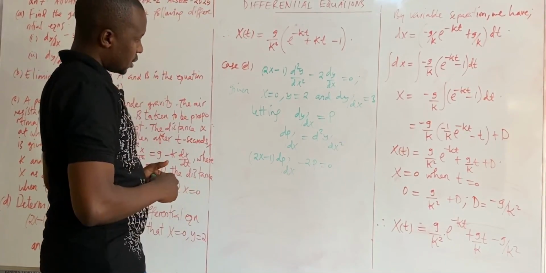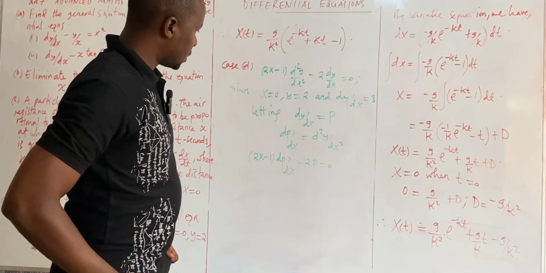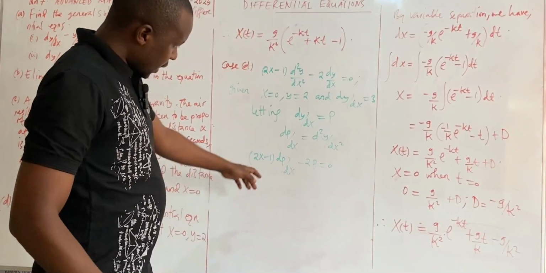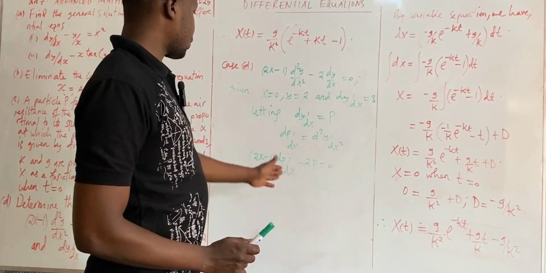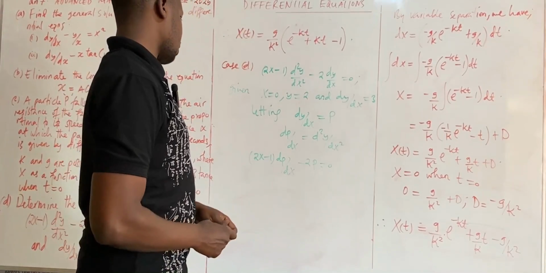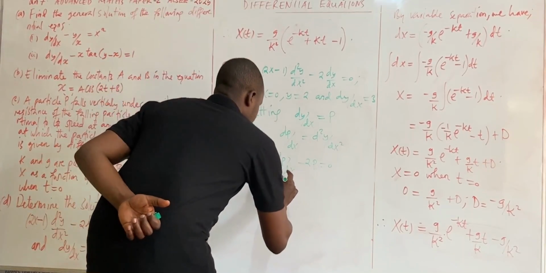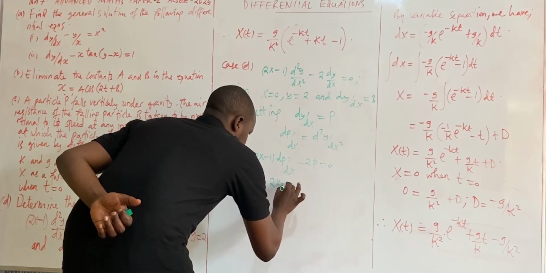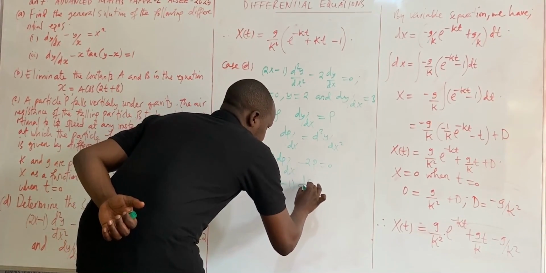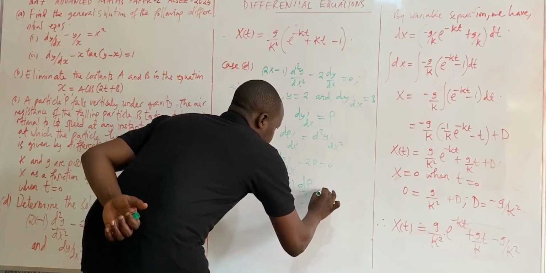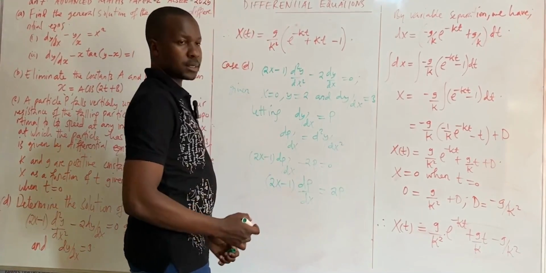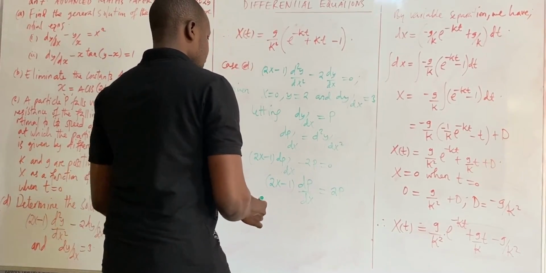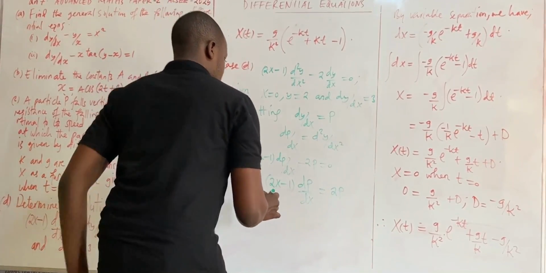So from here, we have a simple first order differential equation, where we can apply the variable separation technique so as to integrate and get the solution. So it will be 2x minus 1 times dp dx equals to 2p. It means you have taken that 2p to the other side. So from here is for variable separation.